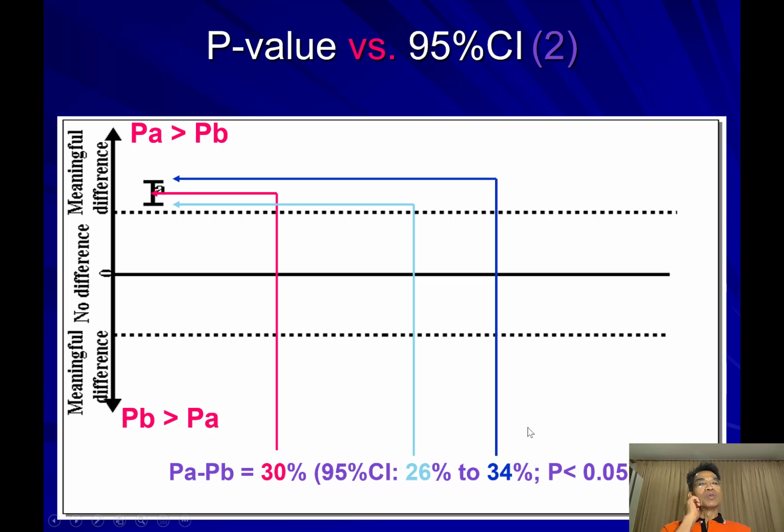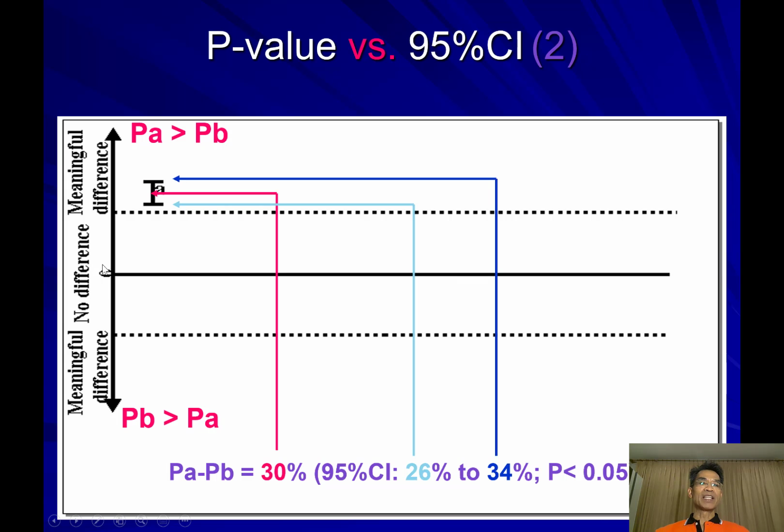Now, to see how the p-value and the confidence interval are correlated, we make this diagram. If there is no difference between the two drugs, it is 0 here.